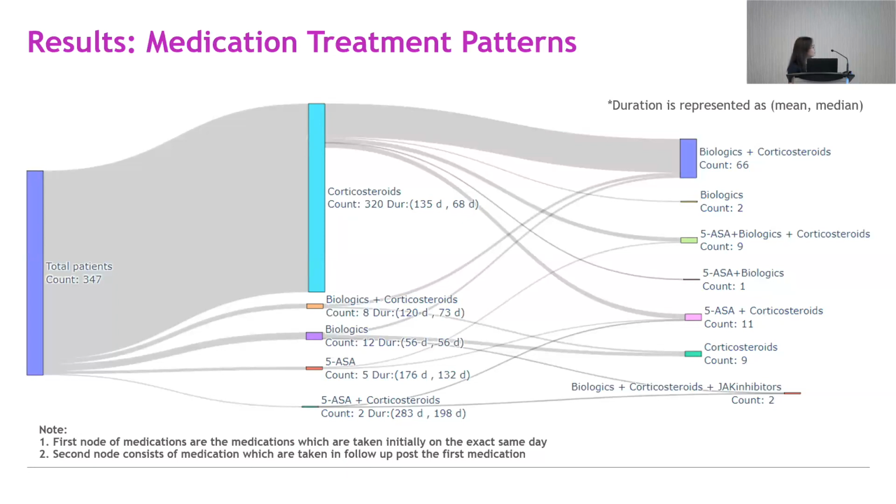There were also 5 patients who started with a combination treatment of biologicals and corticosteroids. 12 patients started with biologicals, 5 patients started with 5-ASA, and 2 patients started with the combination of 5-ASA and corticosteroids.